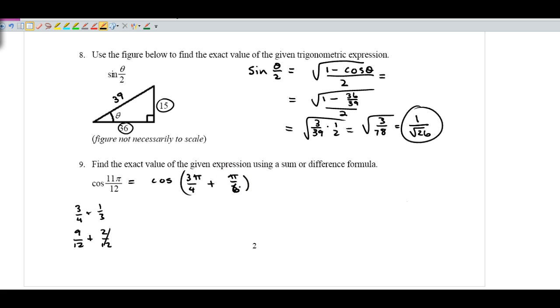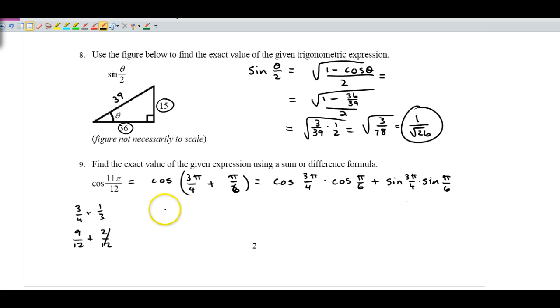Okay? So this is equal to the cosine of 3 pi over 4 times the cosine of pi over 6 plus the sine of 3 pi over 4 times the sine of pi over 6.